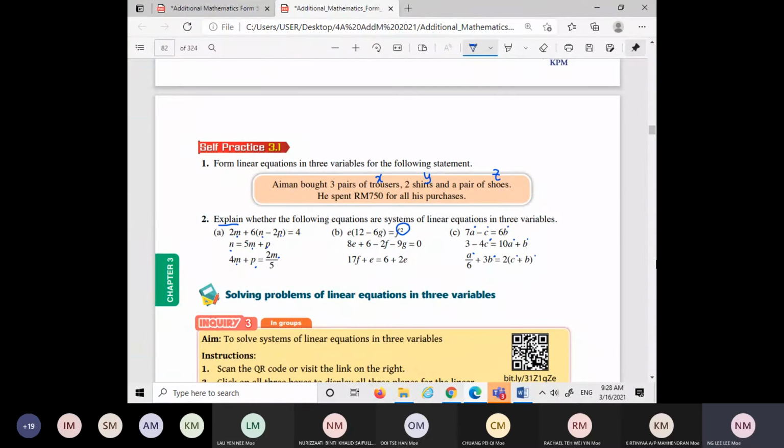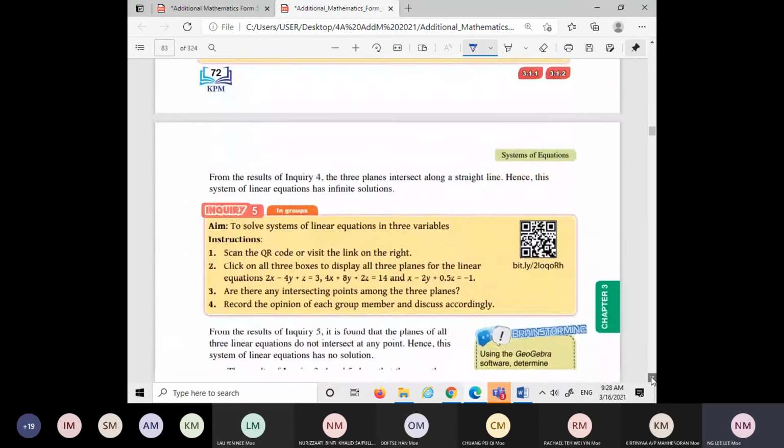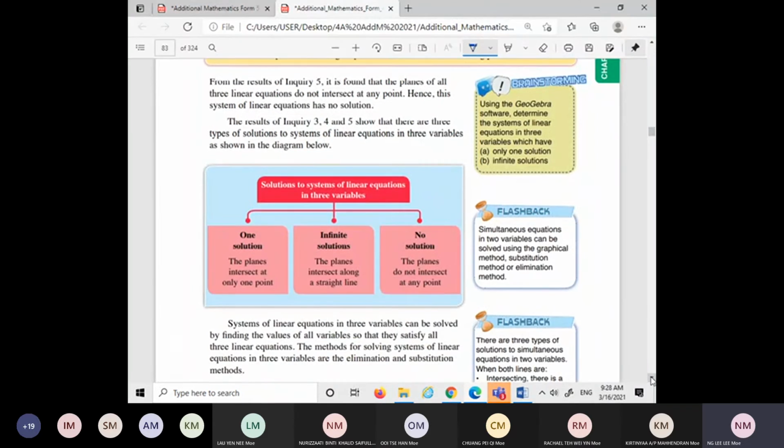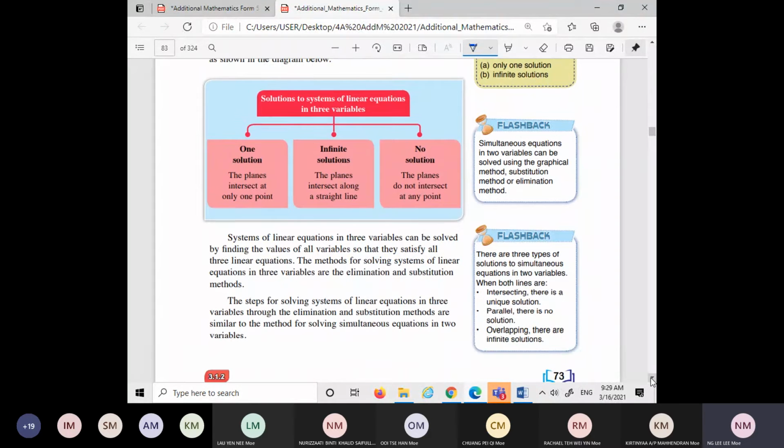Okay, next, before I show you the link, we look at this. Solution to a system of linear equations. Actually, last time you have learned this also, so it's quite similar.